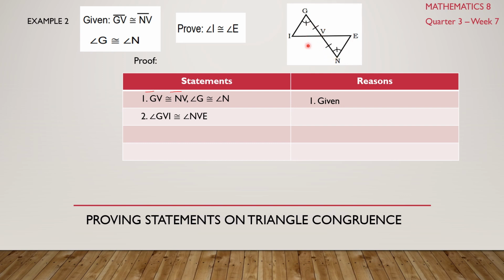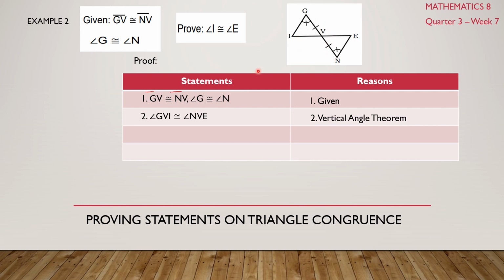So, what kind of angles are they? Okay, that is vertical angles. So our reason is vertical angle theorem. If the angles are vertical, then they are congruent.